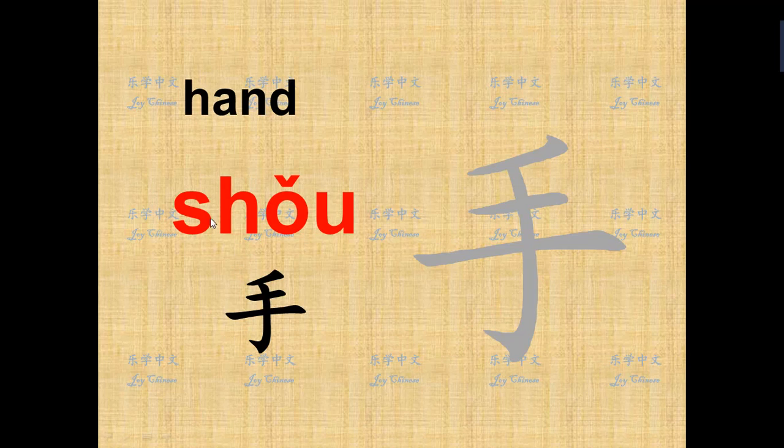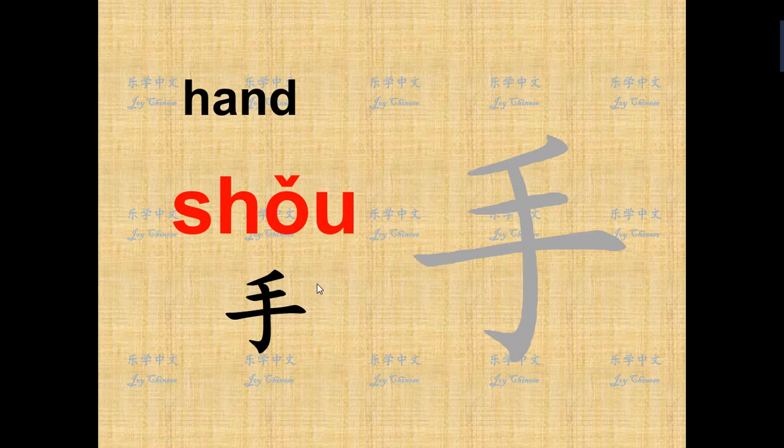The next one is a combination of sh and ou, third tone. 手. Actually, we have seen that in the previous video. It means hand. So whenever you see another character that has this as a part, it means the word is related to your hand.